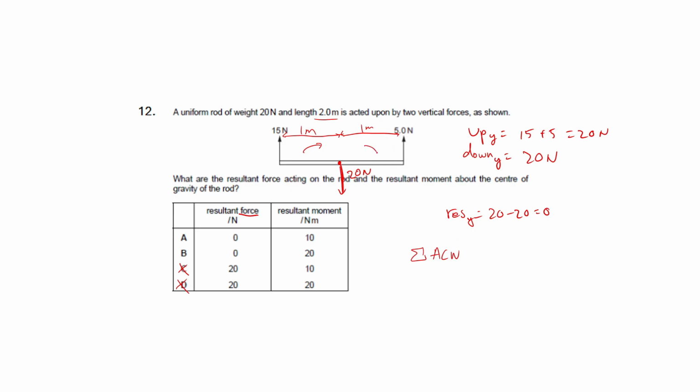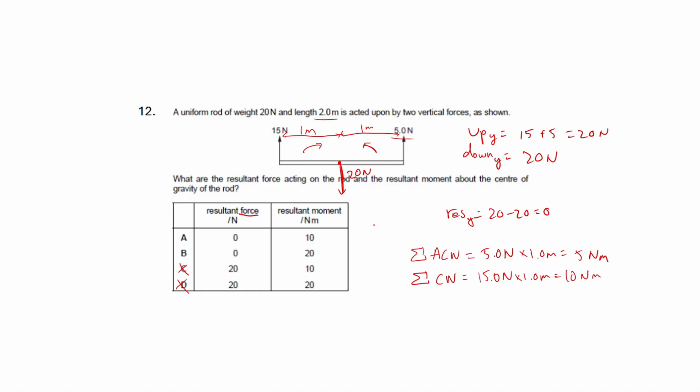Anti-clockwise is this way, which is shown by this 5 newtons. So it's 5.0 newtons times 1 meter, and we get 5 newton meters. And then for clockwise, it's going to be 15 newtons times 1.0 meters is equal to 15 newton meters.